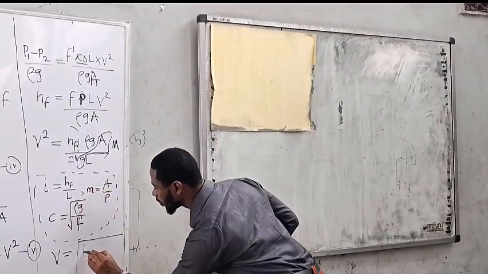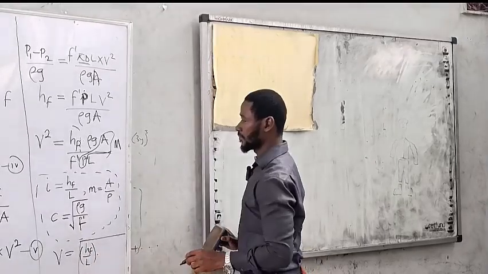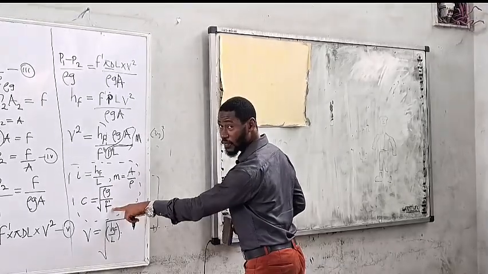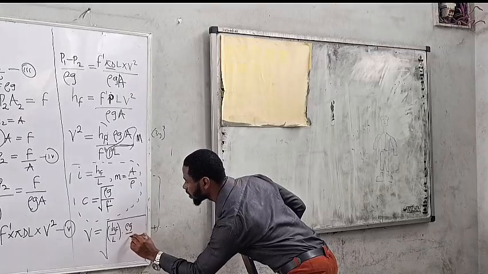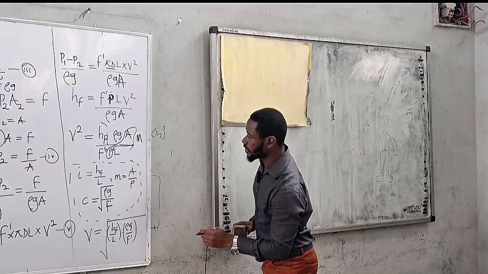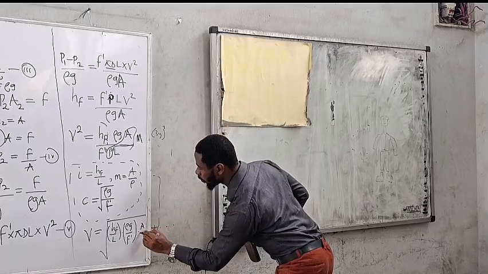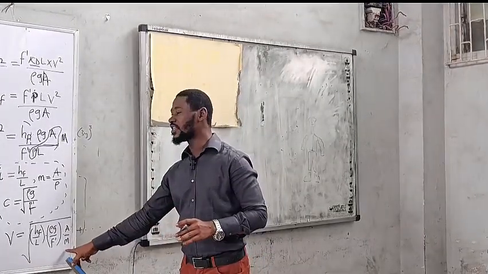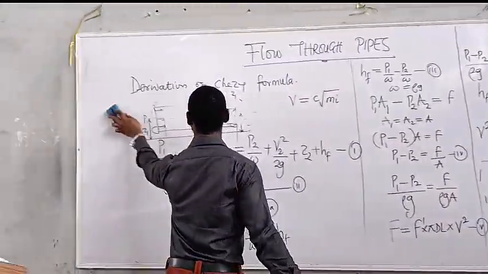H F over L, multiplied by square root of rho G over F prime, and the last one is A over M. If you notice, this equation is taking the form of what I have written there.